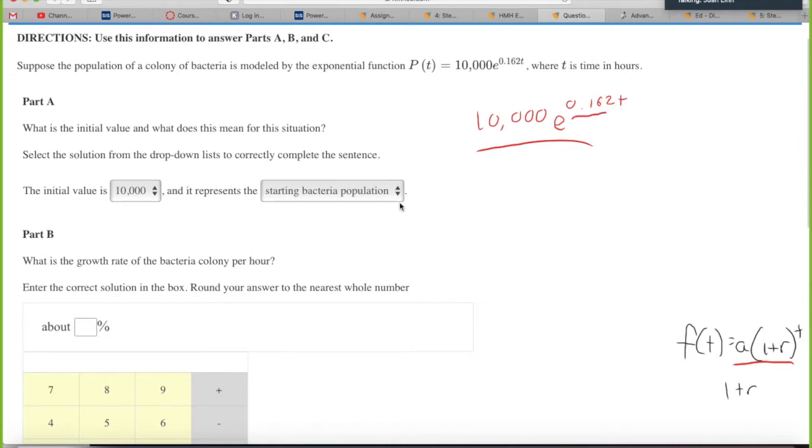Notice how our format here is a number raised to the t power. So that's going to be this number raised to the t power. So we can say e to the 0.162 equals 1 plus r. So then r is going to be equal to e to the power of this small number minus 1.